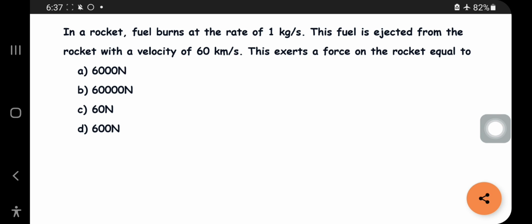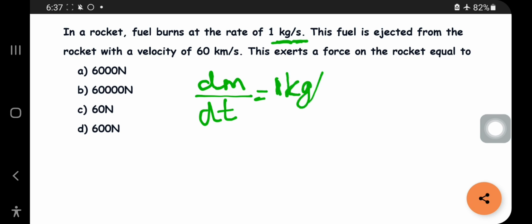In this question, they have given the rate, that is mass per time, dm by dt, at which fuel is burning, which is 1 kg per second. The velocity is 60 km per second.